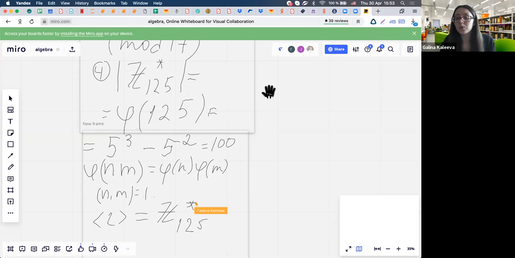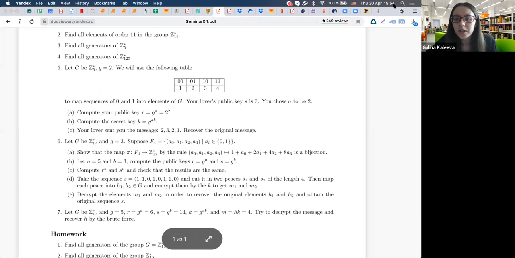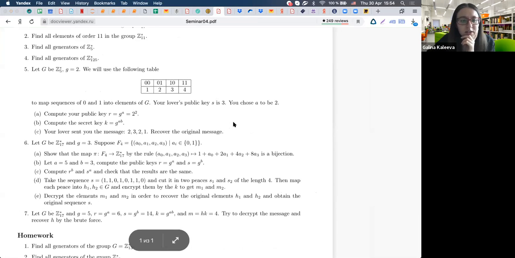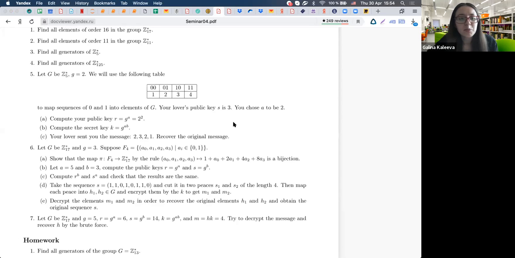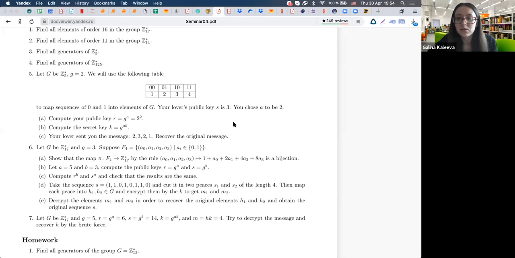So now we won't solve the whole problem. Let's solve something related to the next topic of your lecture. Let's try to encrypt some messages. First of all, let it be problem number 5. We've already worked with the group we have in this problem.